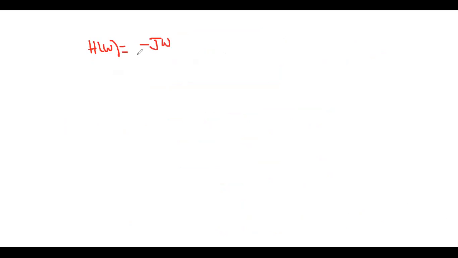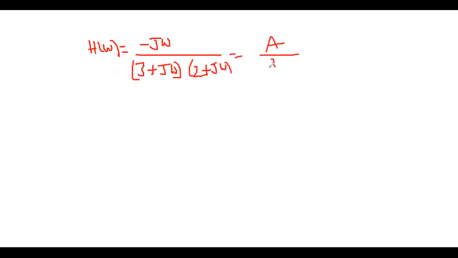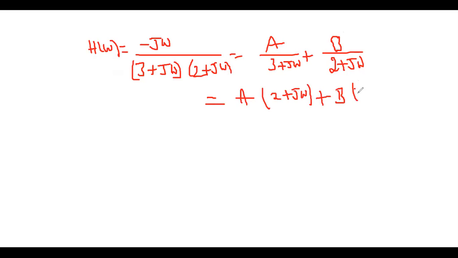So h of omega is equal to minus j omega whole divided by 3 plus j omega and 2 plus j omega, which is equal to A by 3 plus j omega plus B by 2 plus j omega. Okay, my students. That is equal to A into 2 plus j omega plus B into 3 plus j omega is equal to minus j omega.